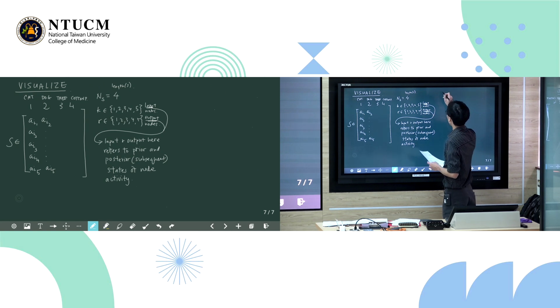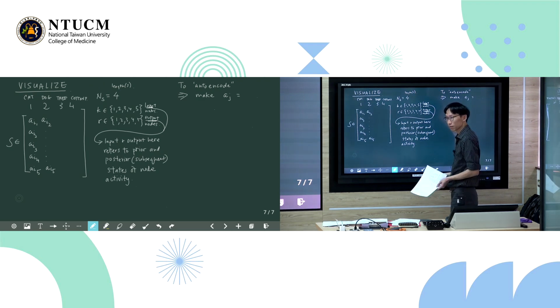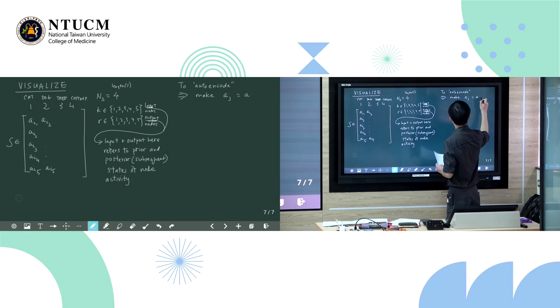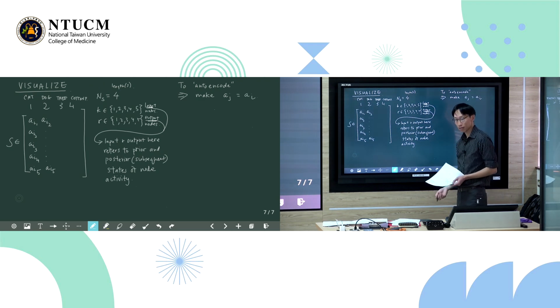To auto encode, so to visualize, we reiterate that what we have to do simply means to make the output node state equal to the input node state, all right?